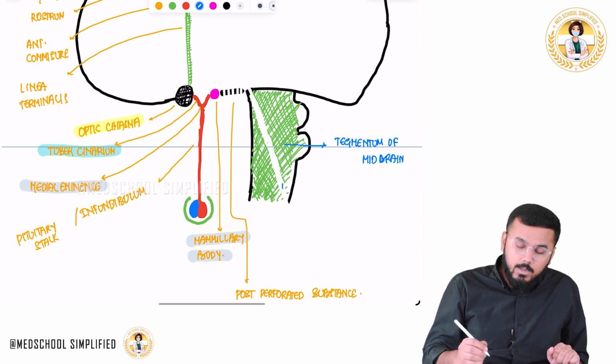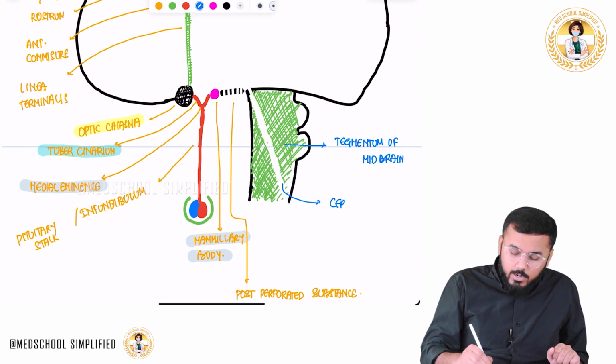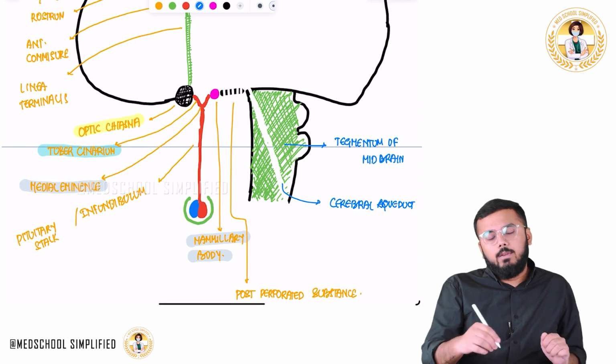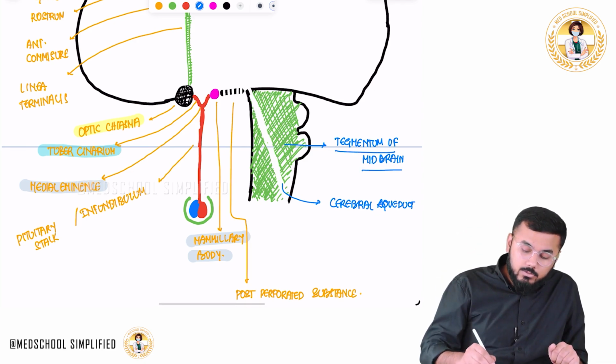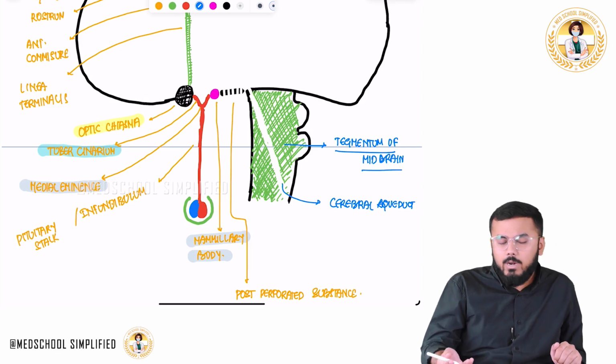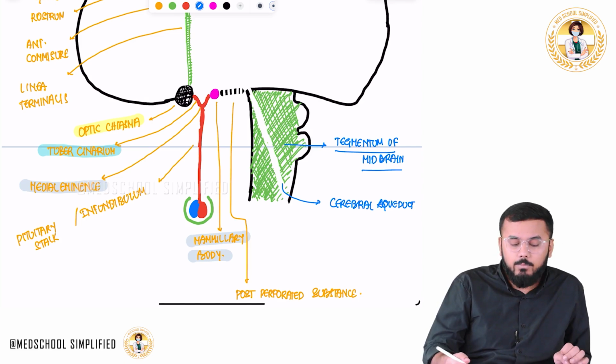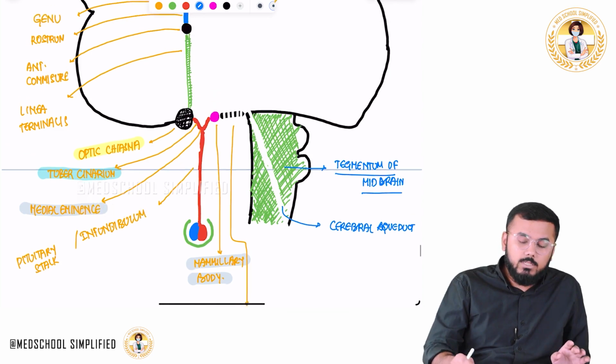Tegmentum of the midbrain. And this part over here is called your cerebral aqueduct. So the midbrain, with the help of the cerebral aqueduct, is divided into two parts. The upper part is called the tegmentum of the midbrain. The remaining part is simply called the part of the midbrain. I hope you understood all these things.